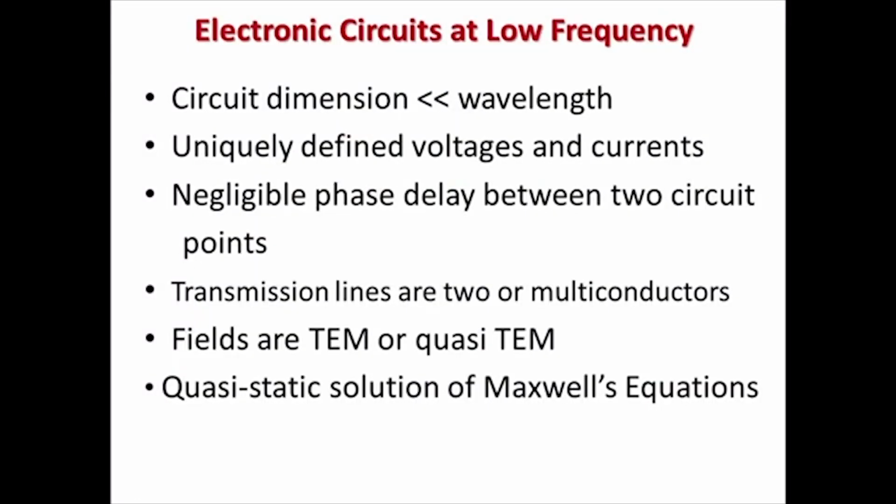Now, at lower frequencies than microwave frequency, we know that the circuit dimensions or components that are used in an electronic circuit are quite small compared to the wavelength, because the low frequency wavelength is quite large.